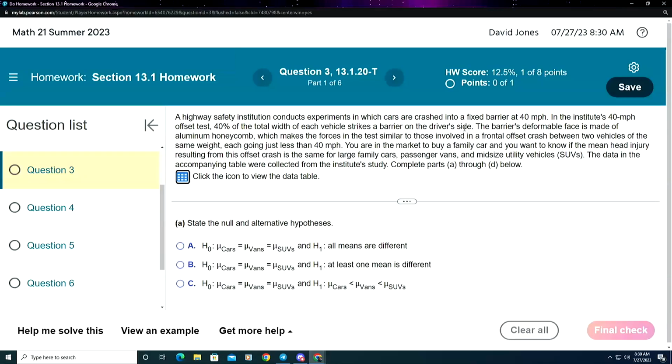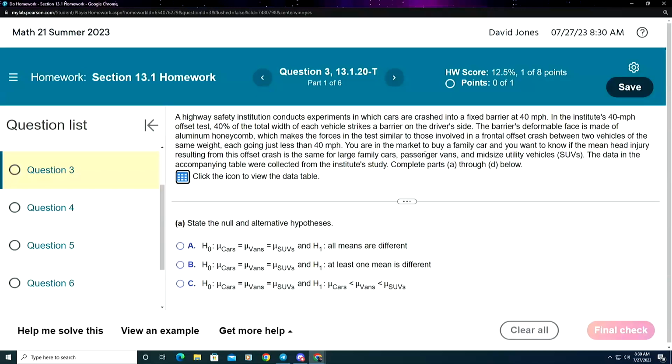The barrier's deformable face is made of aluminum honeycomb, which makes the forces in the test similar to those involved in a frontal offset crash between 2 vehicles of the same weight, each going just less than 40 miles per hour. So it's like 2 drivers driving into each other.